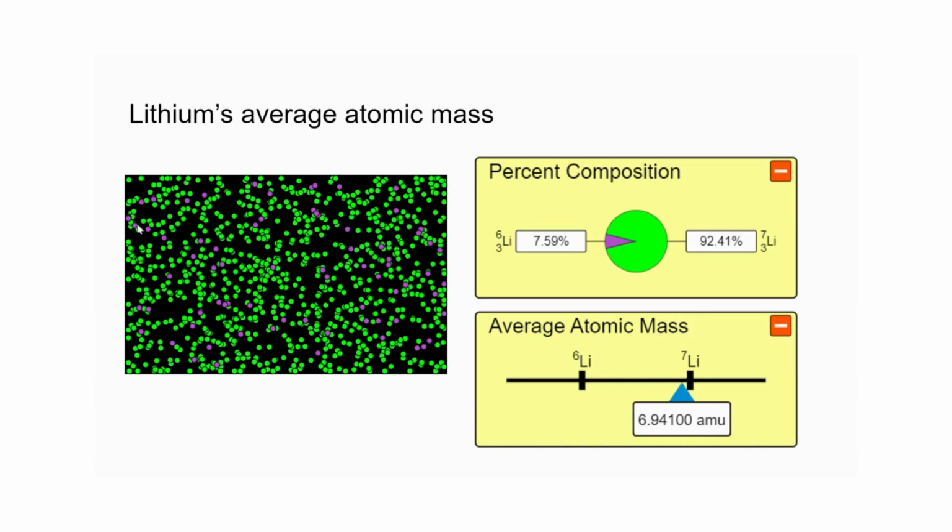To give you an idea of what it looks like when I'm talking about a population with all these percentages, each of these green dots represents lithium-7, and each of these purple dots represents lithium-6. So you can see there's a lot more lithium-7 than lithium-6, which makes sense because when we're doing this average atomic mass, essentially taking each mass number for every single isotope present in my sample and averaging them all together, I would get an average atomic mass much closer to lithium-7.